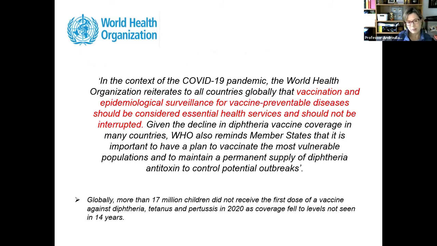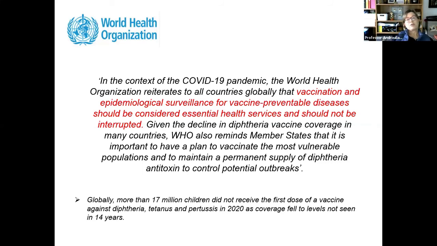So WHO warns that in the context of the COVID-19 pandemic, WHO reiterates to all countries globally that vaccination and epidemiological surveillance for vaccine-preventable diseases should be considered essential health services and should not be interrupted.